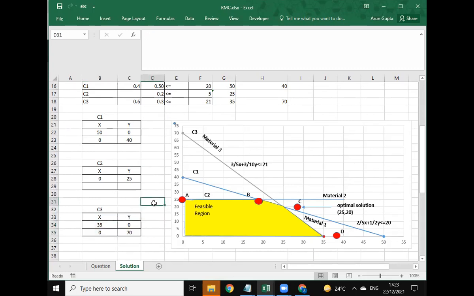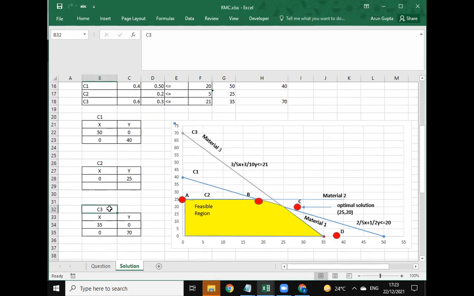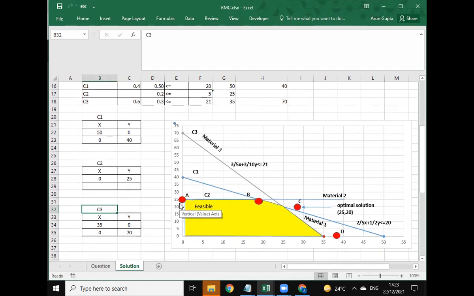Now going to the graph, we have created the graph for all three constraints, that is C1, C2 and C3. C1 is this line, which has the value 40 on y and 50 on x. This is the x-axis and this is the y-axis.